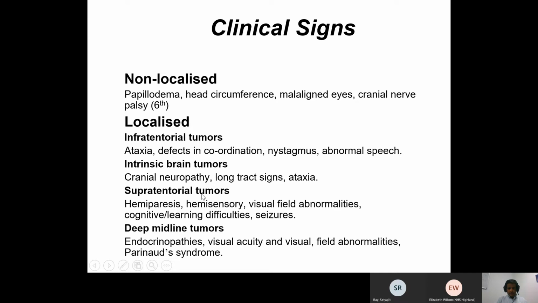If they are supratentorial tumors, you are looking at sensory, motor, visual field, cognitive difficulties and things like that. If they are deep midline tumors, as we talked about, endocrinopathies, visual acuity and visual field abnormalities.